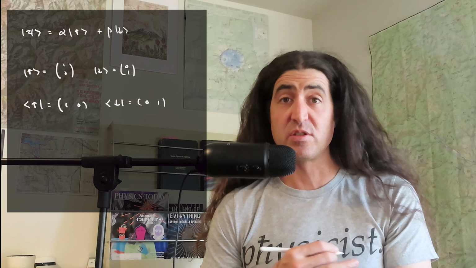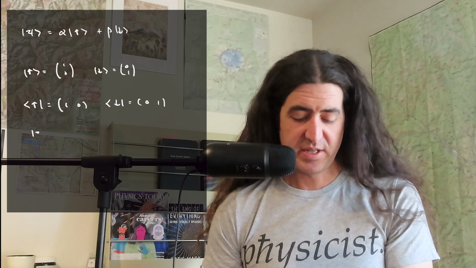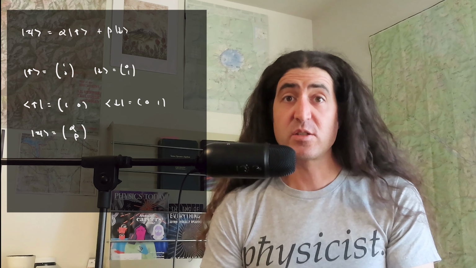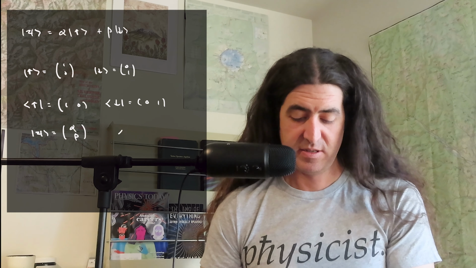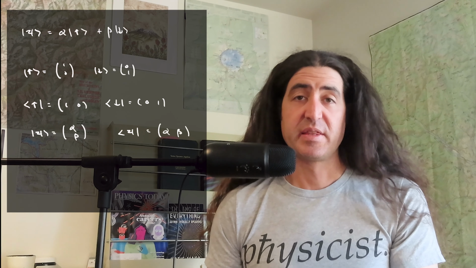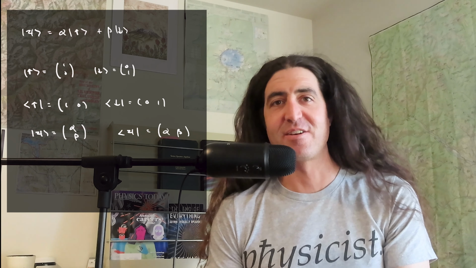We can put these together to form a generic vector, psi, and represent that ket as alpha and beta, and its corresponding bra or dual vector or row vector, if you like, as alpha and beta.